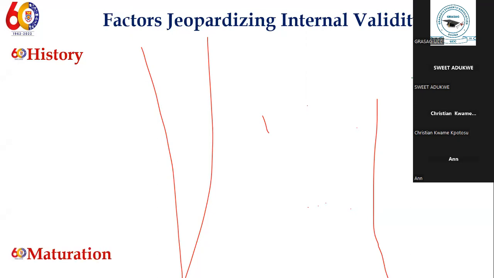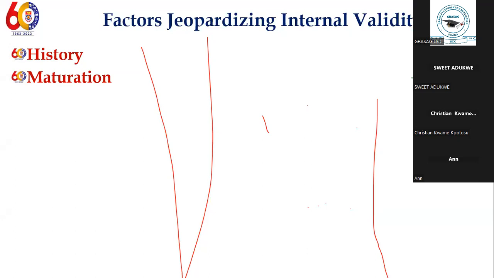Another one too is maturation. So the process of maturing, which takes place in the individual during the duration of the experiment, which is not a result of specific events, but of what? Simply growing older or growing more tired or similar changes. So how knowledgeable does someone become before you even collect your data? Growth in knowledge.